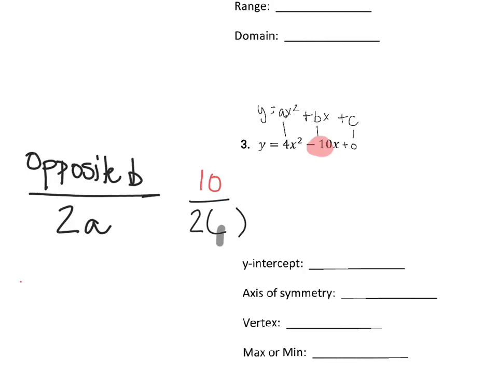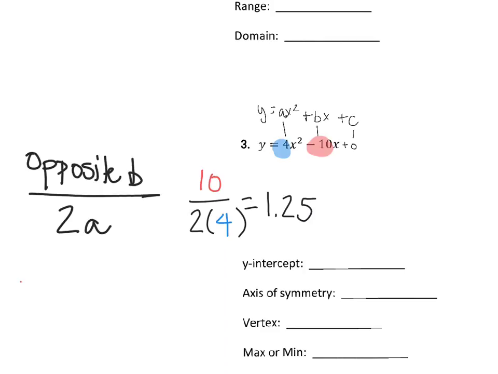So divided by 2a. A in this problem is 4, so I'm going to plug in 4 here for a. And you can use your fancy fraction to help you out with this. It does work out to be a pretty decimal, or you can put it in fraction form. I'm fine with whatever. If you put it as a decimal, it is 1.25.